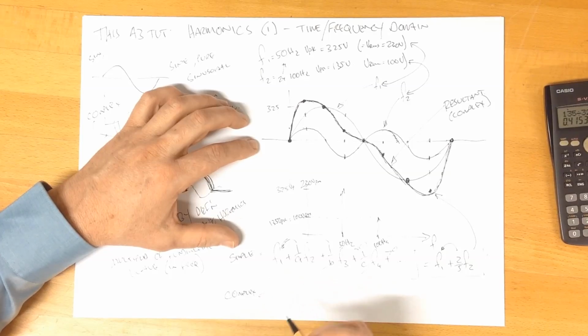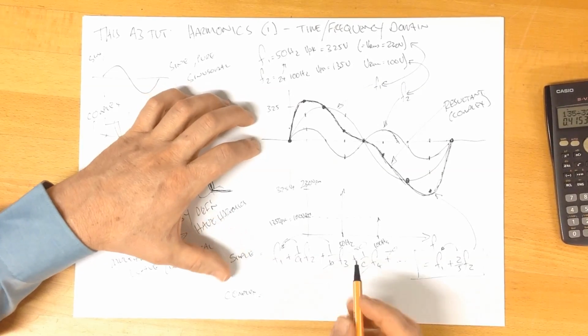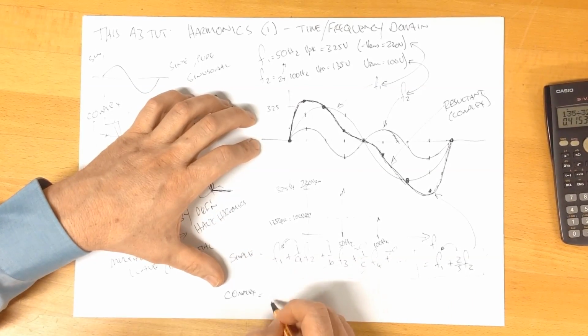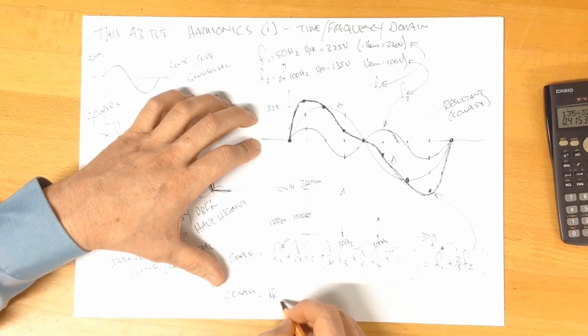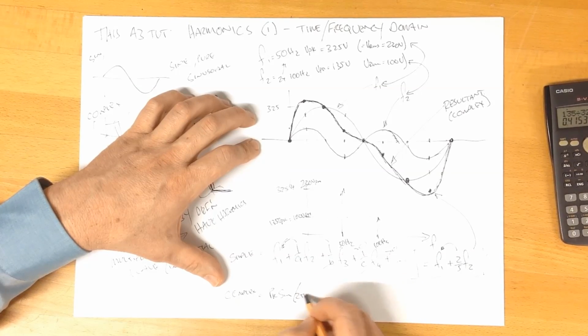The complex form says pretty much the same thing, but it takes a different way. And that way is represented as being the peak, and then it says that it's a sine wave, and then it goes something like this.